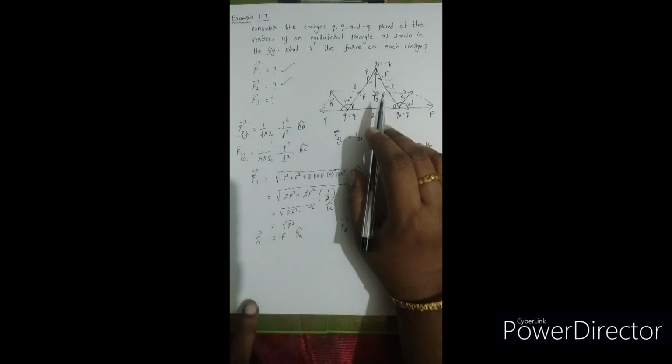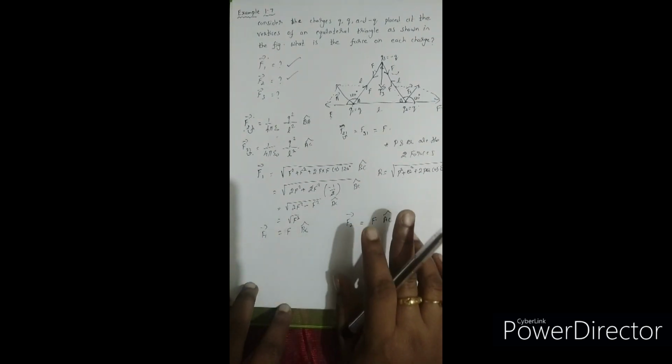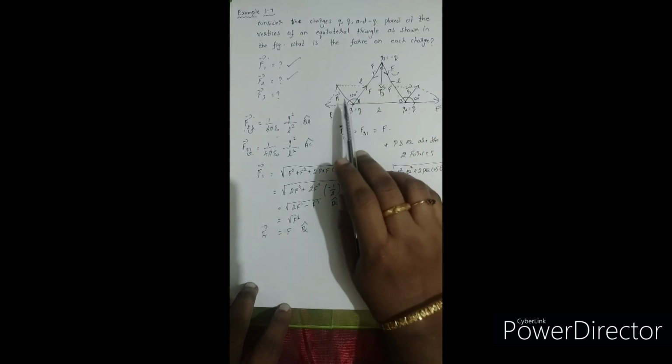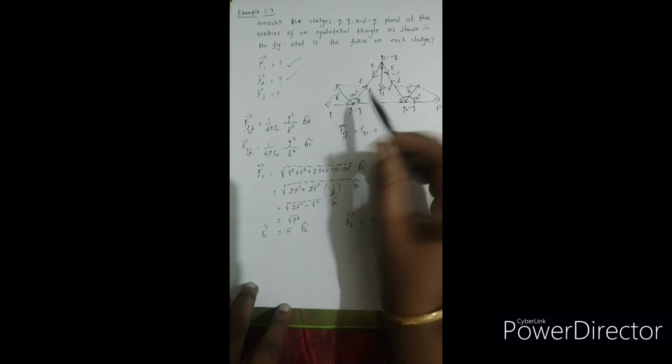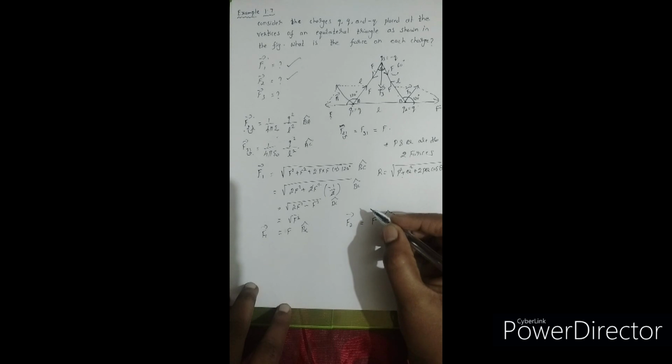Now we have to calculate the magnitude of F3. For calculating the magnitude of F3, only one thing will be different, that is the angle between the two forces. Here the angle between the two forces was 120, and here also it was 120. Here the angle between the two forces is equal to 60 degrees, not 120.